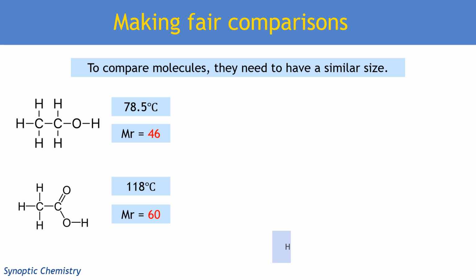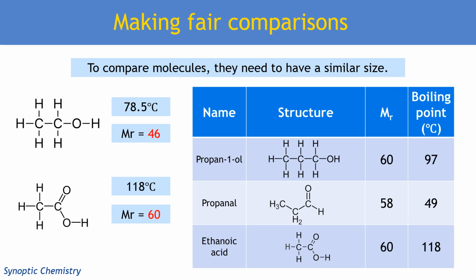So they need to be a similar size, not exactly the same, just a similar molecular mass, which will give you a similar number of electrons. So actually, I could compare the alcohol with the aldehyde because there's only a small difference, you're just taking 2 hydrogens off to make the aldehyde. But if I wanted a fair comparison with propan-1-ol and propanal, if I wanted to look at a carboxylic acid, I would choose ethanoic acid.